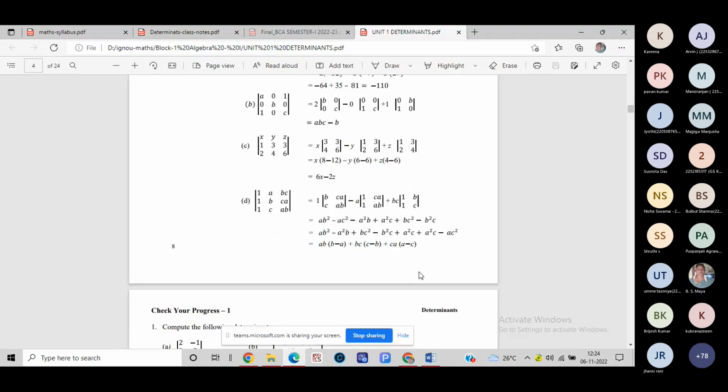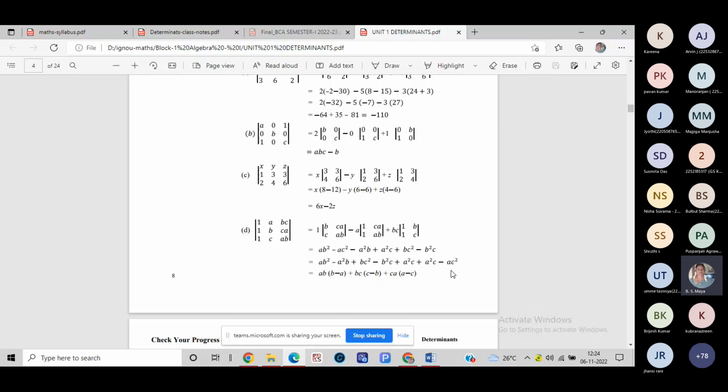A square C minus A square C. Finally, minus AB square minus A square B. If you try to solve it, you put BC square minus B square C plus A square C plus A square C minus A square C, B square minus B square. It's not required, the last two steps. If you are comfortable with the first step, it is enough.